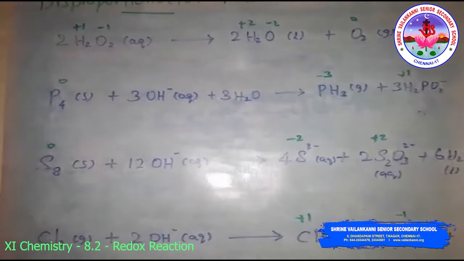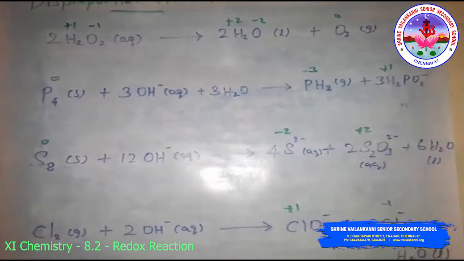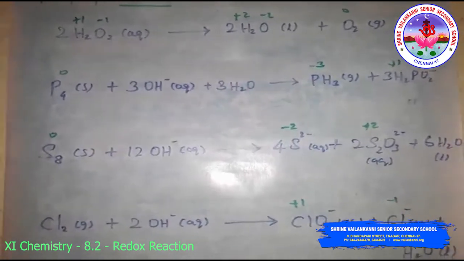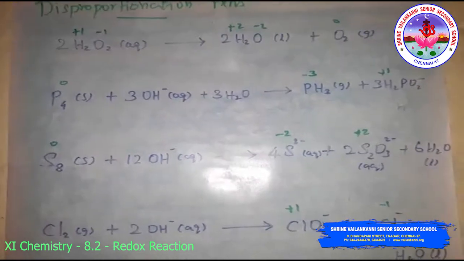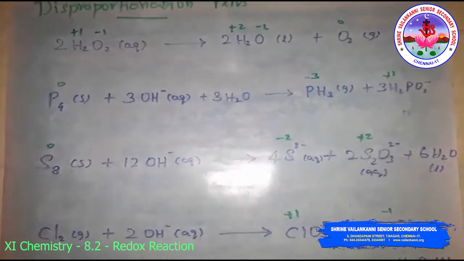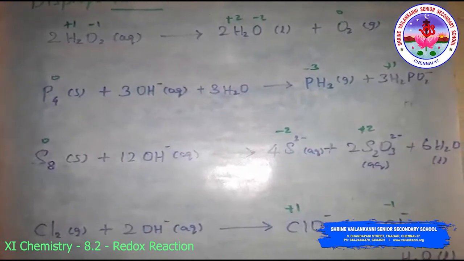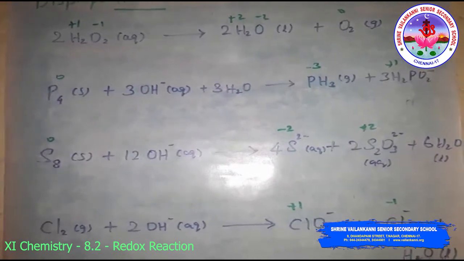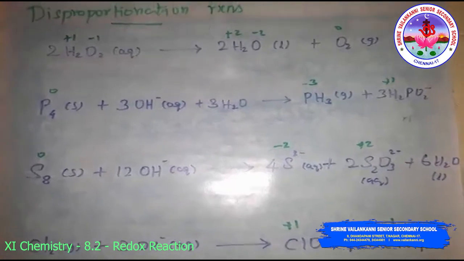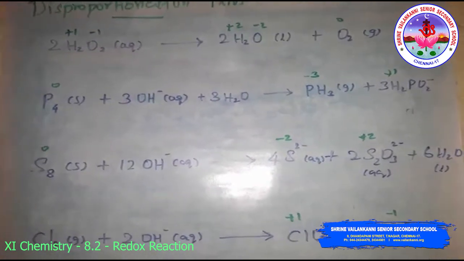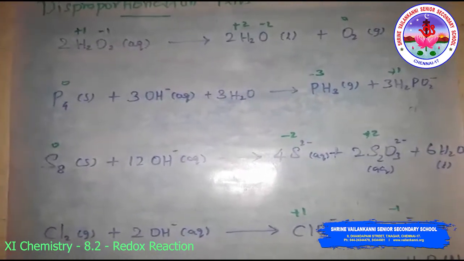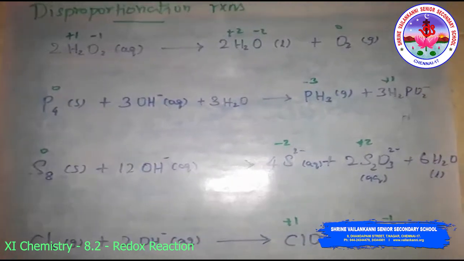One of the reacting substances in a disproportionation reaction always contains an element that can exist in at least 3 oxidation states. So the element in the reacting substance is in the intermediate oxidation state, and both higher and lower oxidation states of that element are formed in the reaction.